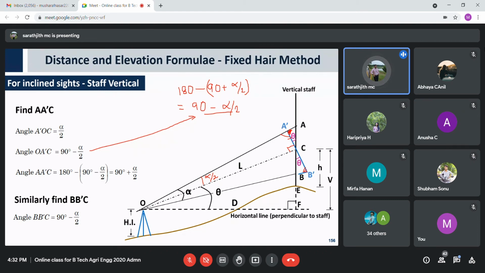From the triangle you compute this angle, and from that you compute this angle, the same way we did it for the upper triangle. I'm not repeating that calculation, you can try it yourself.